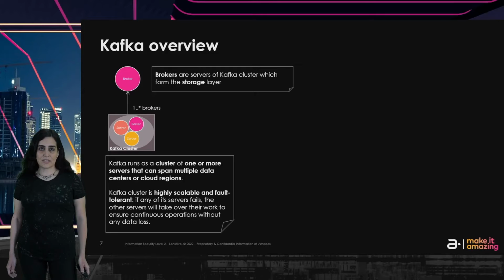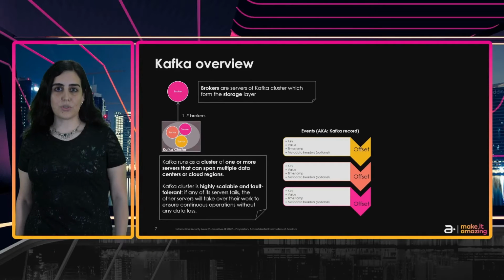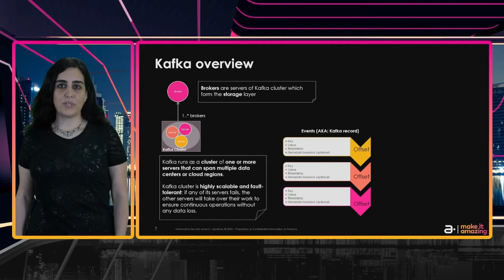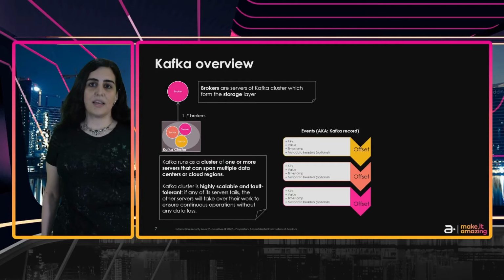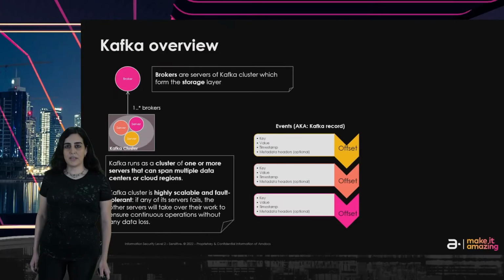Each cluster has at least one broker, which is the server that forms the storage layer. If we look at an event in Kafka, also known as a Kafka record, we'll see that each event has a key, the value itself, which is the payload, a timestamp, and optional metadata headers. Each event is also associated with a specific position in the topic partition, which is the offset.